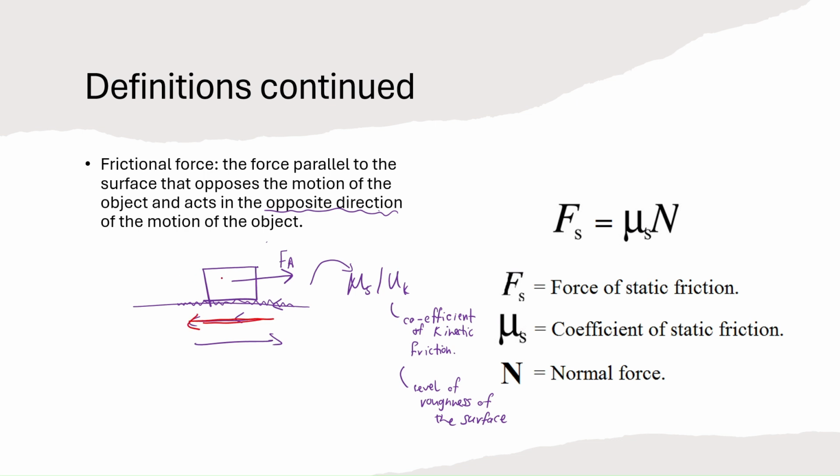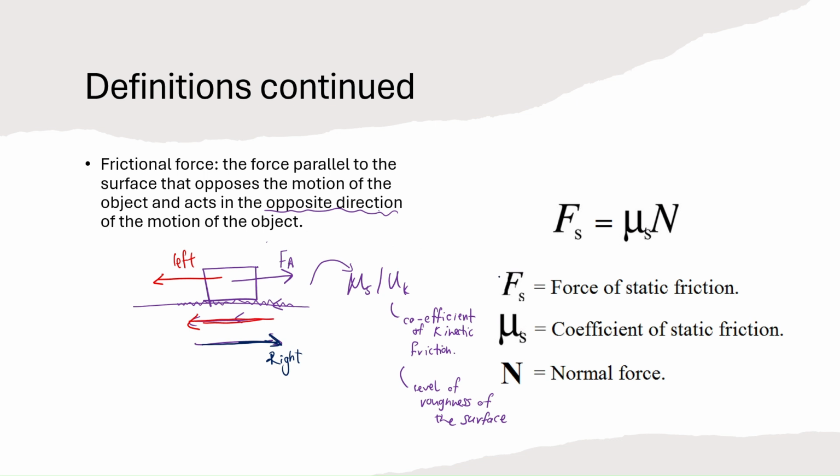However, if the block is moving left, then the friction will occur opposite to that. The friction will go, whoopsie, will go right. So that's what this means over here. That opposes the motion. So it's the force parallel to the surface that opposes the motion of the object and acts in the opposite direction to the motion of the object.